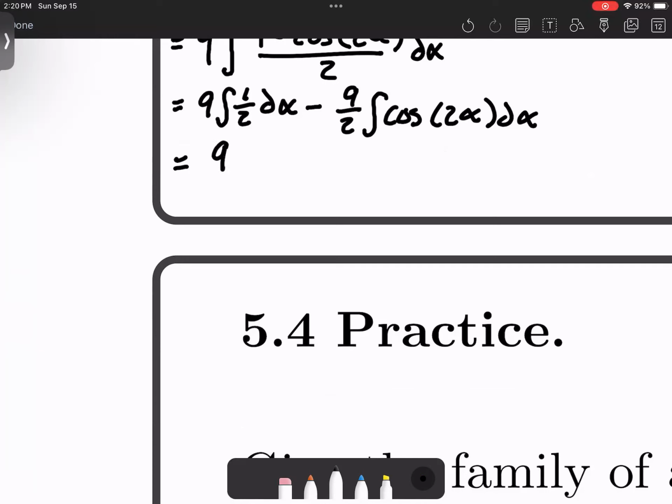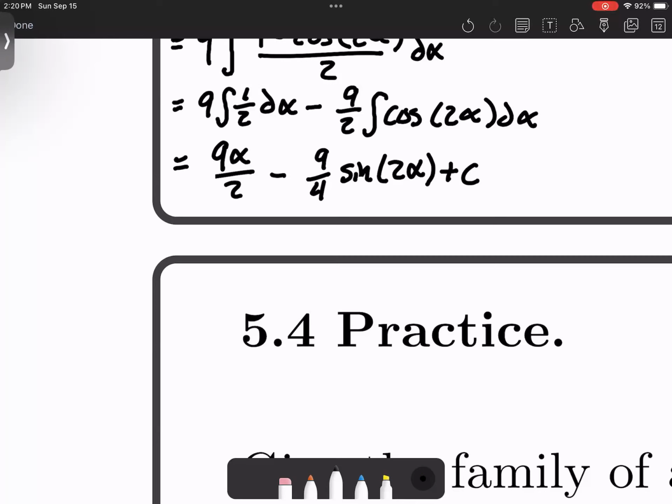So we have 9 alpha over 2. And this, pause the video if you would like. It is a U substitution, but hopefully you're at the point now where you're starting to recognize these U substitutions and can do them in your head. This is going to be a minus 9/4 sine of 2 alpha with a plus c.